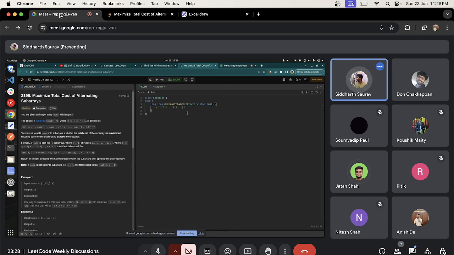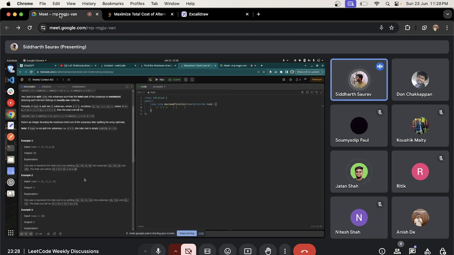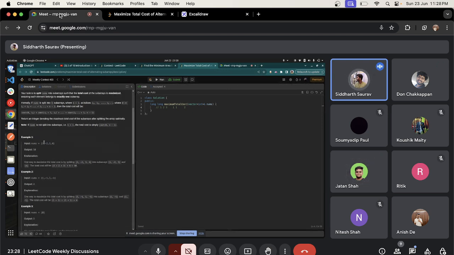In this question's example, it was divided into 1 minus 2 plus 3, and the other one was just 4. This was the optimal division for this array. So we have to divide it in that way, and after dividing, we have to calculate the cost of each subarray.